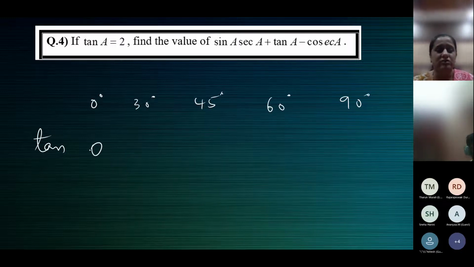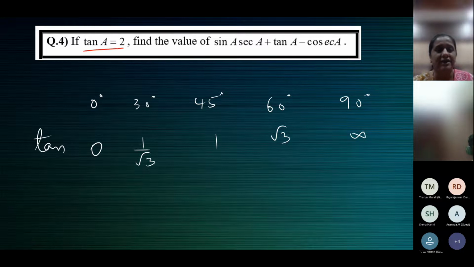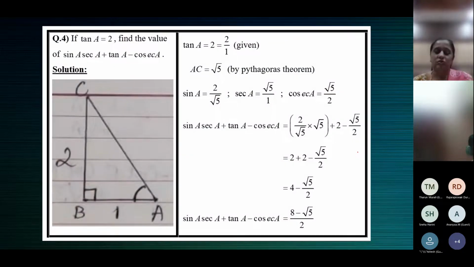Tan 0 is 0, tan 30 is 1 by root 3, tan 45 is 1, tan 60 is root 3, and tan 90 is not defined. You don't find 2 here. Tan A is equal to 2, so you have to use a right triangle.